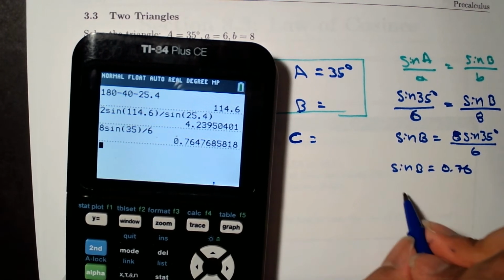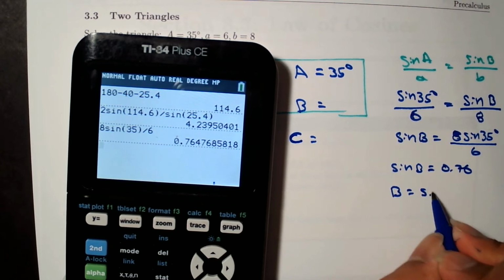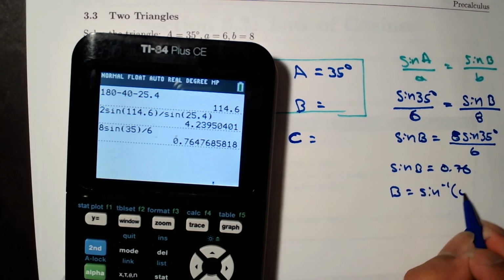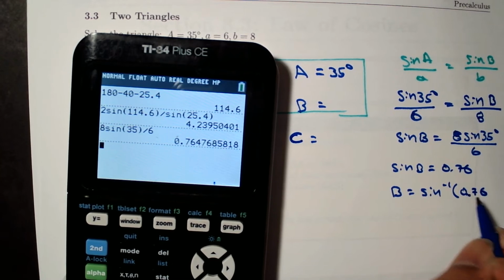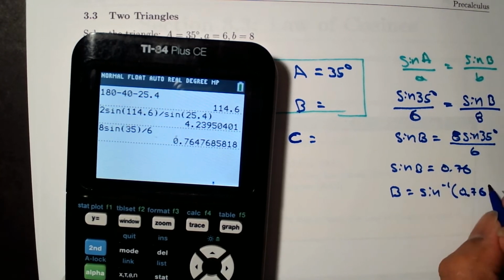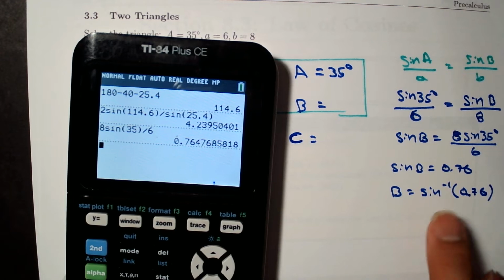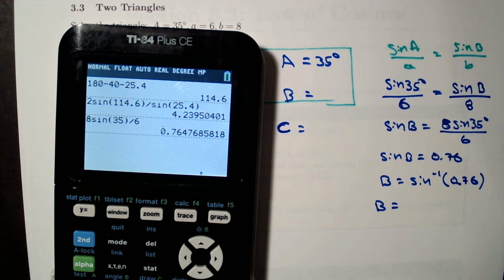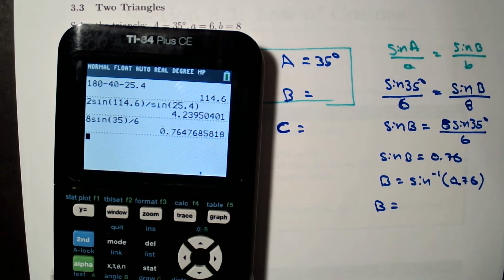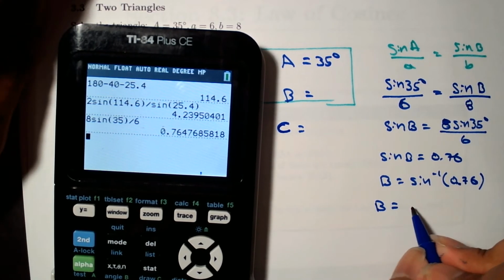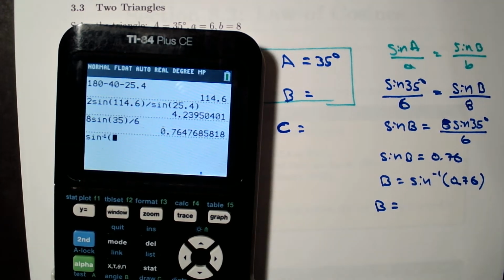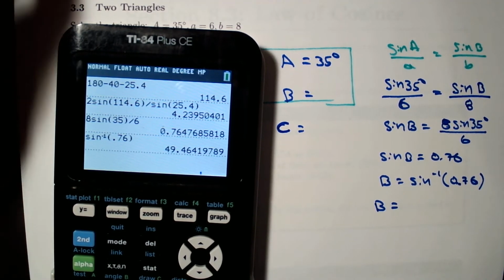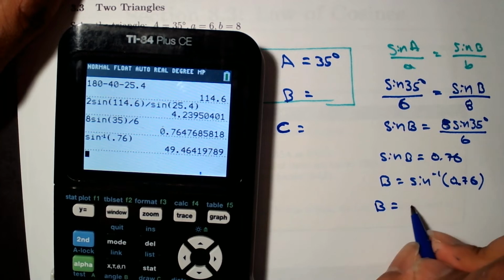0.76. When we solve this equation for B, that's inverse sine of 0.76. All right. Which in this case, well, there's two angles whose sine is 0.76. So on the one hand, inverse sine 0.76, 49.5.